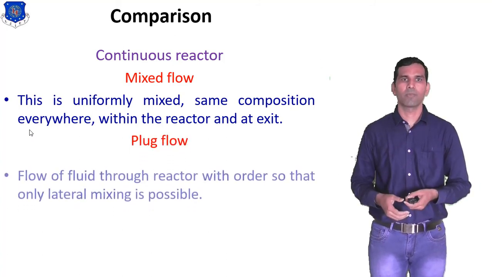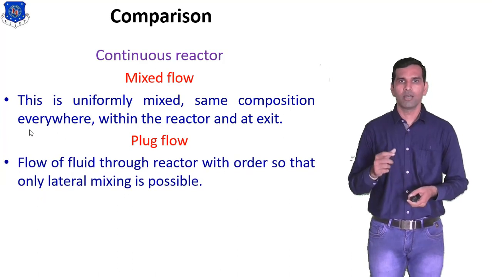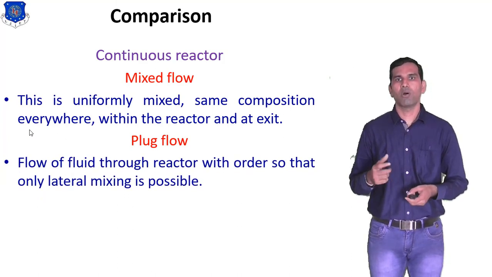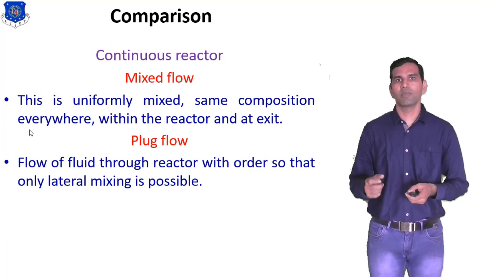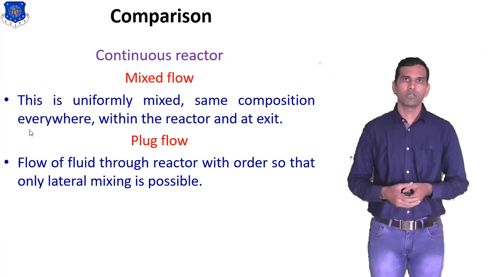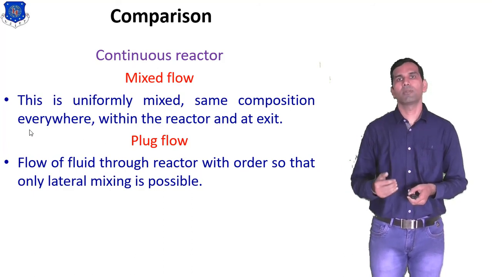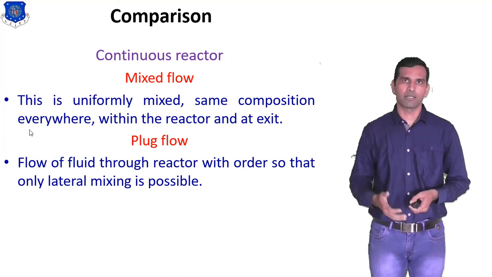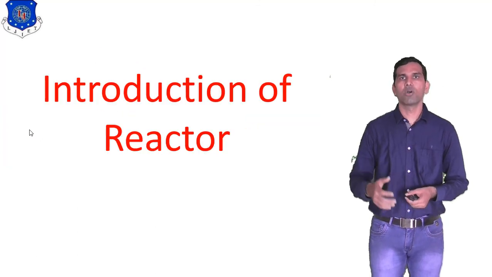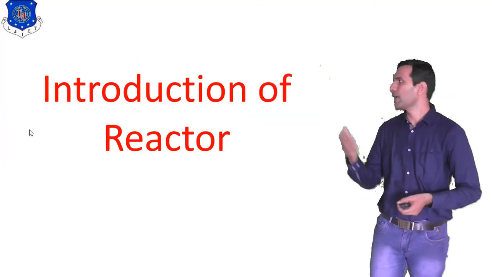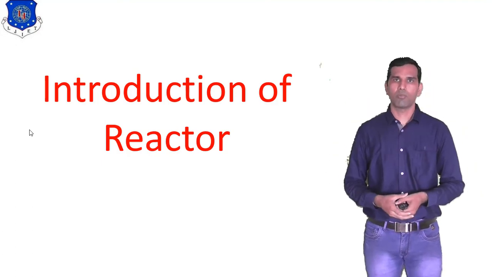Here, fluid flows through the reactor in an orderly manner so that only lateral mixing is possible. So this is the comparison of different types of reactor. These are the different types of reactor. So in this lecture we studied the introduction to reactors.